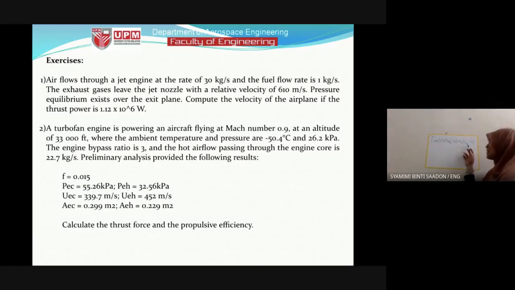But here we only have MC because we don't have fuel going into the bypass duct. The bypass duct is only air, no fuel. So only MC multiplied with UEC, the exit velocity from the cold bypass duct, minus U, the flight speed, the air speed. This is only the momentum part.